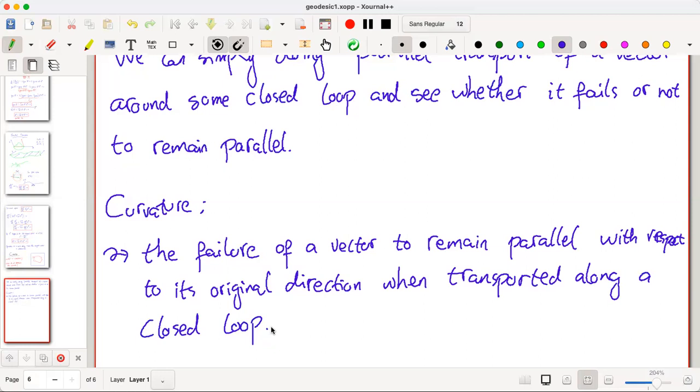If you pick any arbitrary vector and try to do the parallel transport along some closed loop, and if it happens to fail, then you have a proof that your manifold is curved. But the reverse is not true.